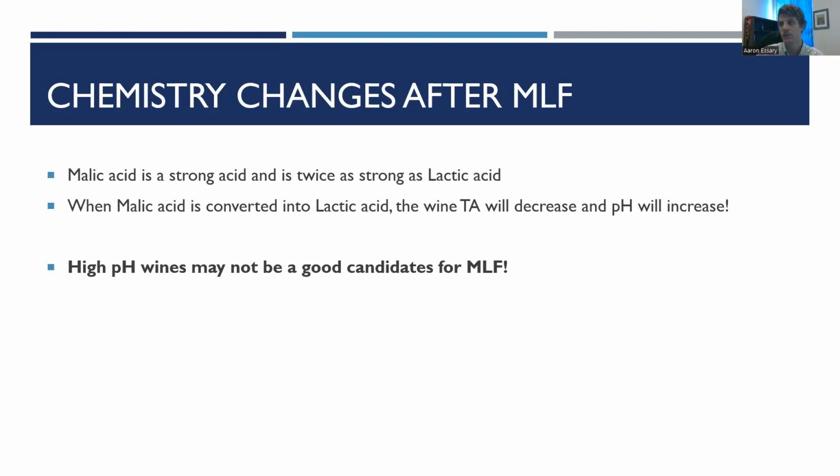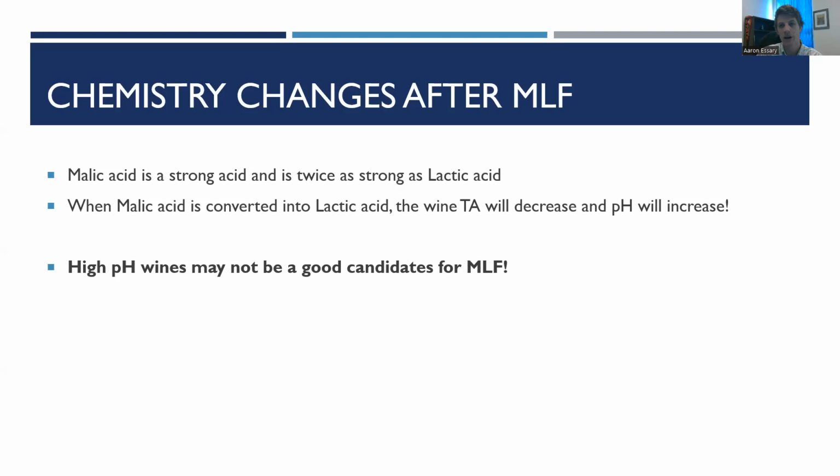So your titratable acidity, you'll lose acidity. Even though it's an acid for acid exchange, malic acid is twice as strong as lactic acid. And so the pH goes up, the TA goes down a little. You gain that softness, that butteriness, that creaminess, but you lose acidity. You lose TA. You do lose TA.